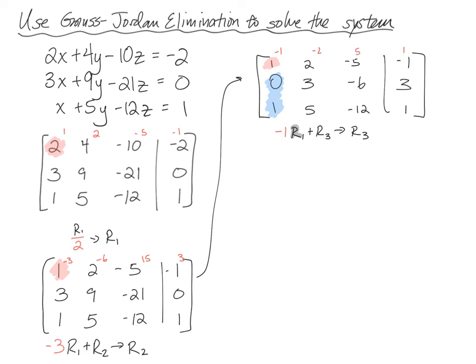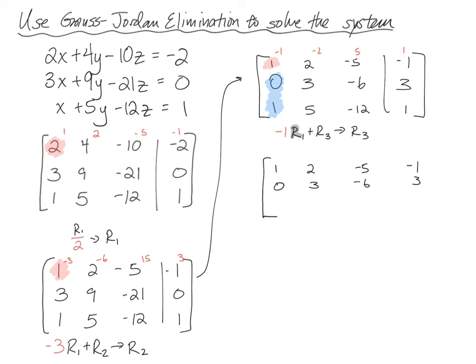And we can go ahead and add those two rows together. So in my new matrix that I'm going to be writing here, row 1 doesn't change, row 2 doesn't change, but row 3 will. So just element by element addition: -1 plus 1 is 0, -2 plus 5 is 3, 5 plus a -12 is -7, 1 plus 1 is 2.